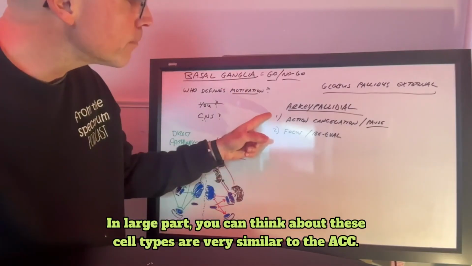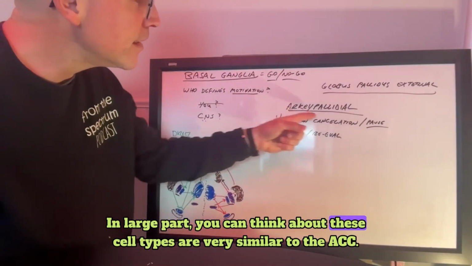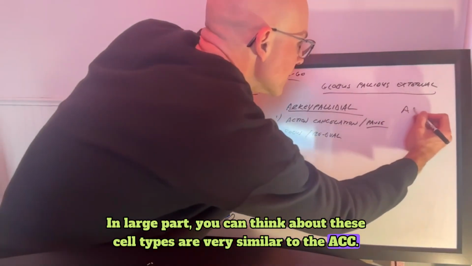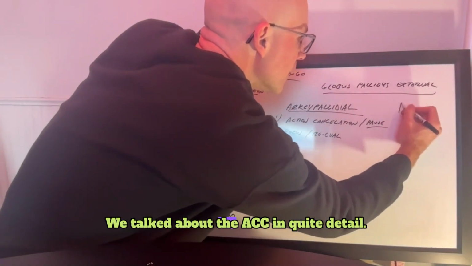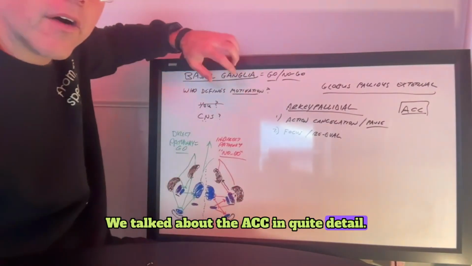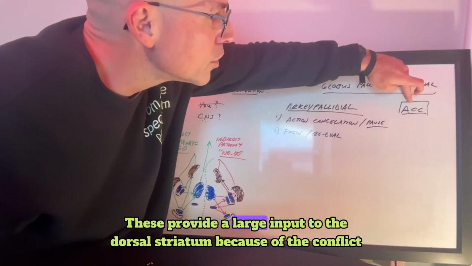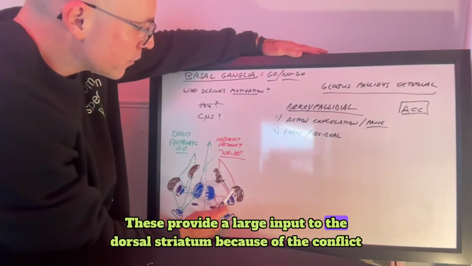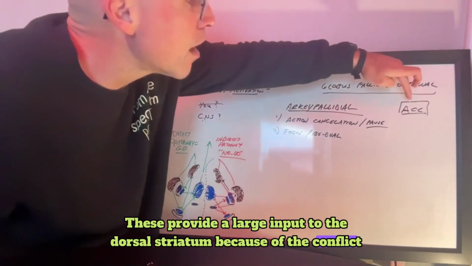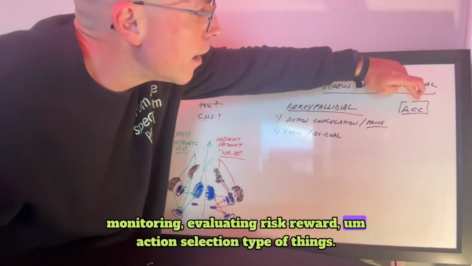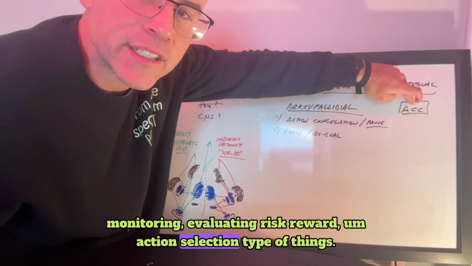In large part, you can think about these cell types as very similar to the ACC. We talked about the ACC in quite detail. They have very similar roles. These provide a large input to the dorsal striatum because of the conflict monitoring, evaluating risk-reward, action selection type of things.